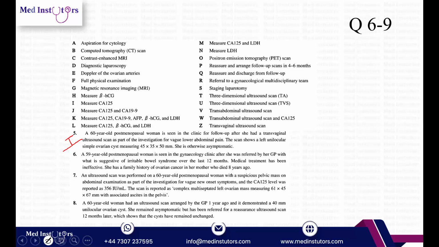Okay, so the correct answer, unfortunately, here is, guys, you have to do a complete clinical examination, and the correct answer here would be a full physical examination, which is F. Okay, so if you open the Green-top guideline number 34, it's on the first page. I'm not sure if I can share photos here?